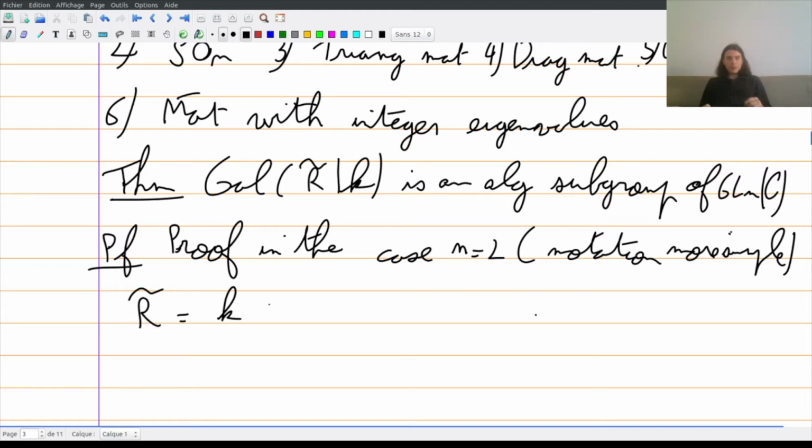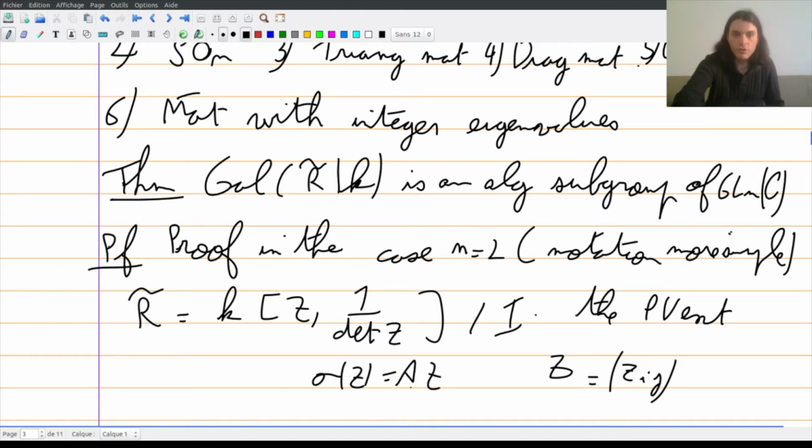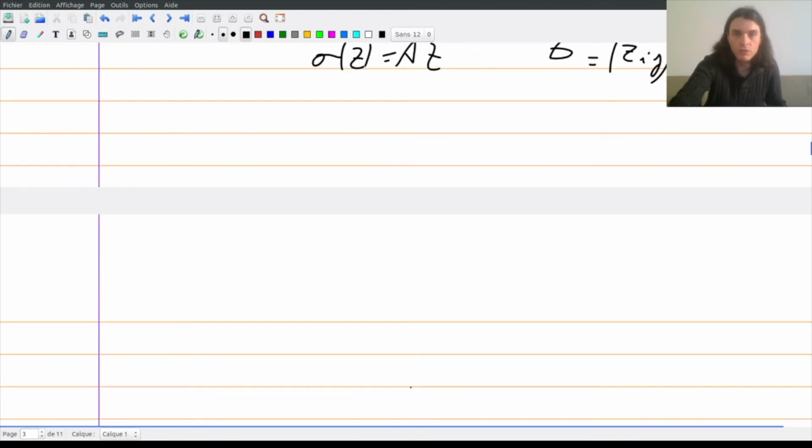So let's consider the Picard-Vessiot extension. So I remind that Z will be a matrix with indeterminate coefficients that is a solution of the equation.